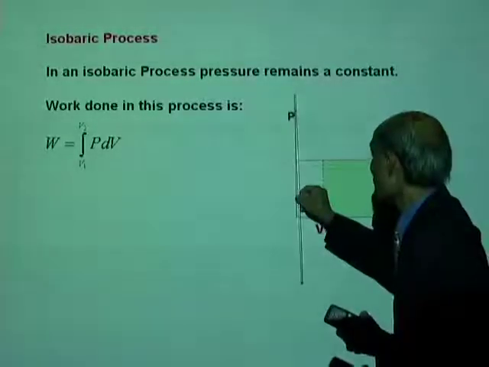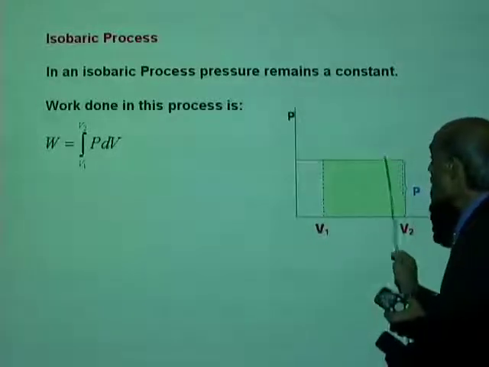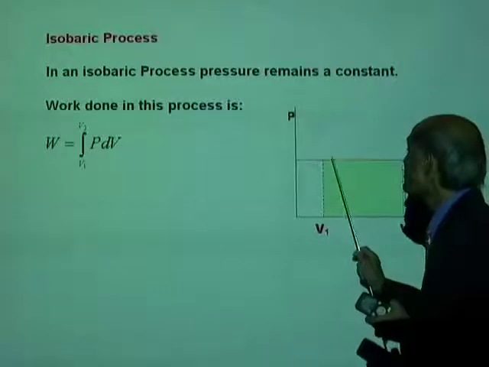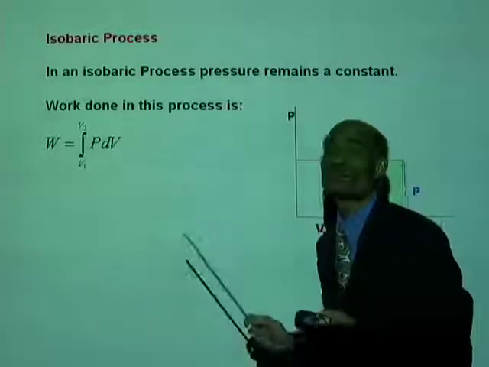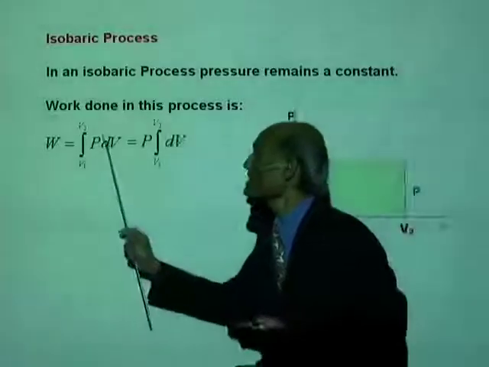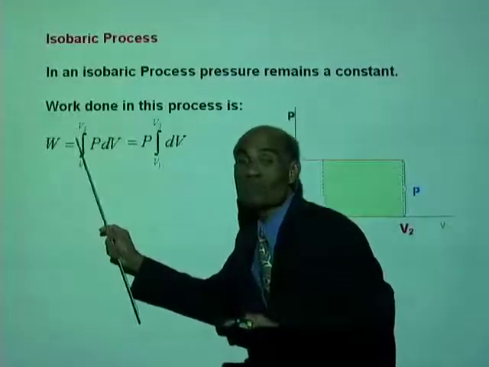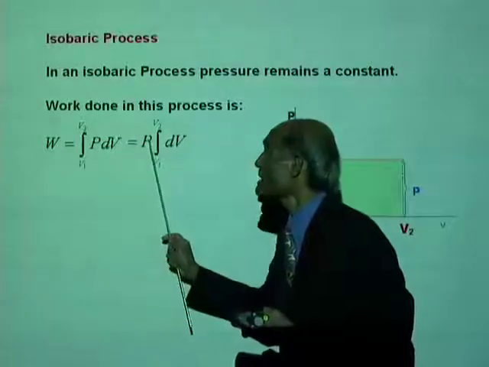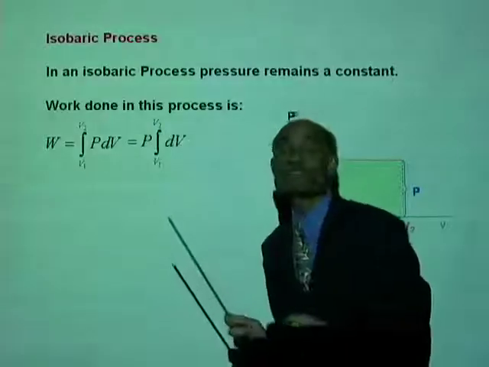So this is a graph of pressure against volume, and pressure remains a constant. That means this is the area that represents the work done. So since pressure is a constant, we can take that out of the integral. That becomes pressure times integral V1 to V2 of dV.